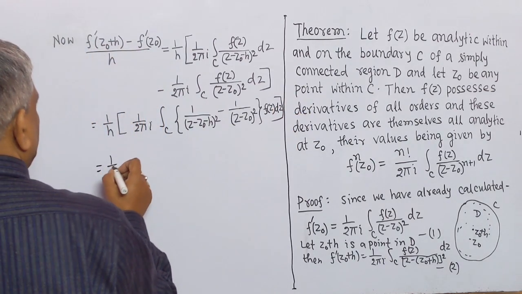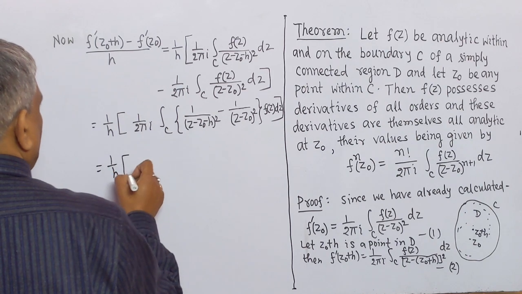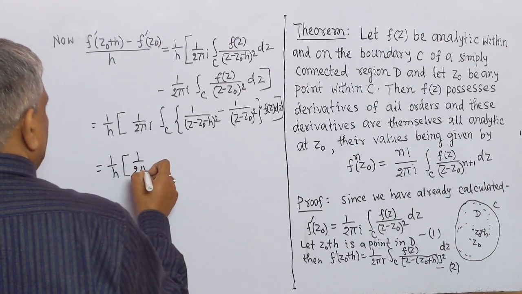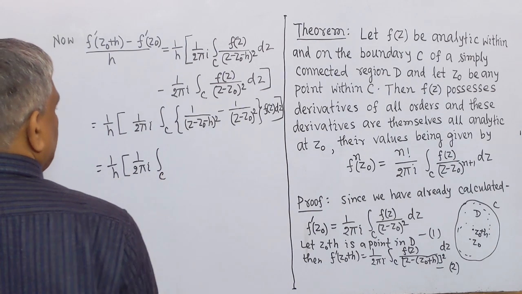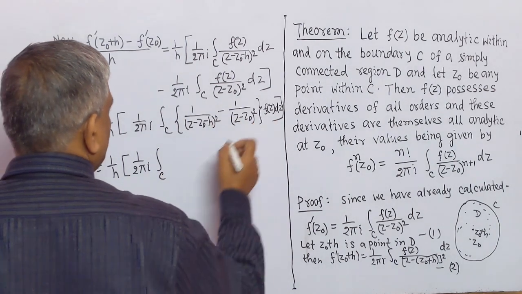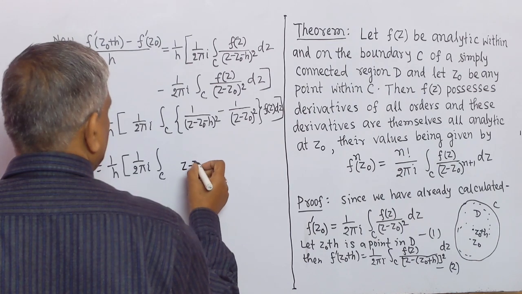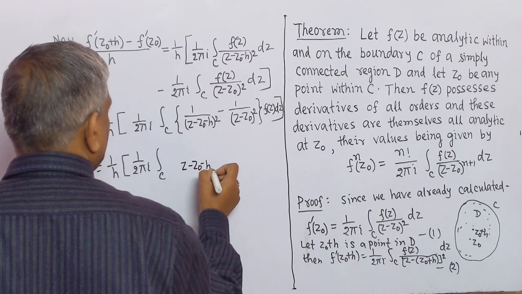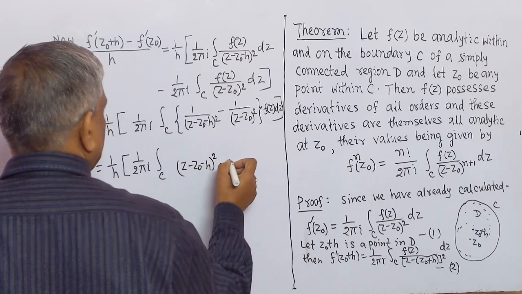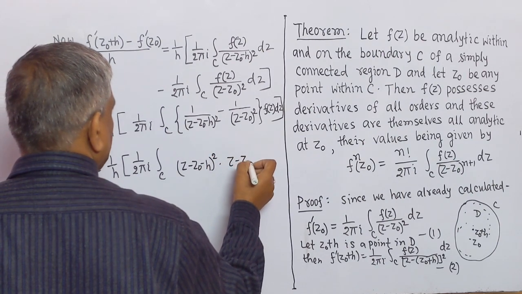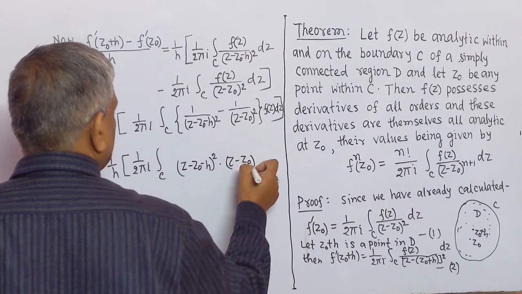This equals 1 by h, 1 by 2 pi i, integration along the curve C. Here the LCM is (z minus z naught minus h) whole square multiplied by (z minus z naught) whole square.